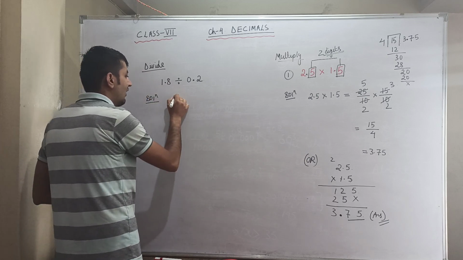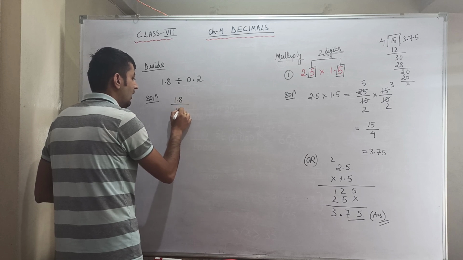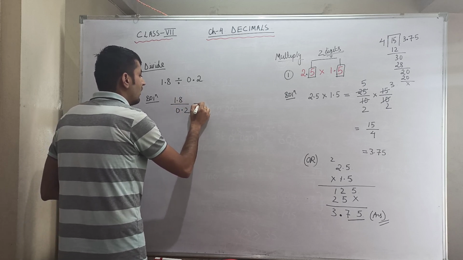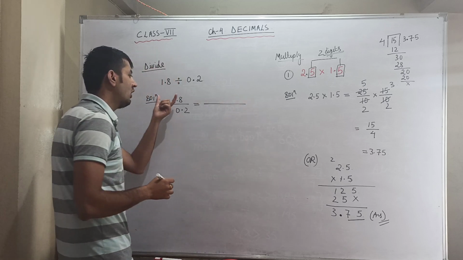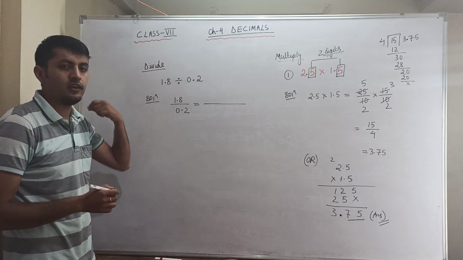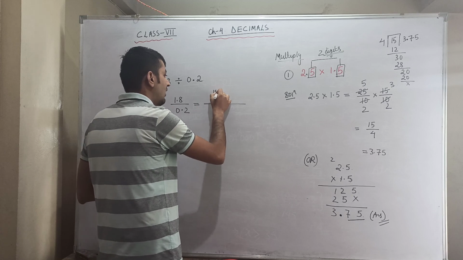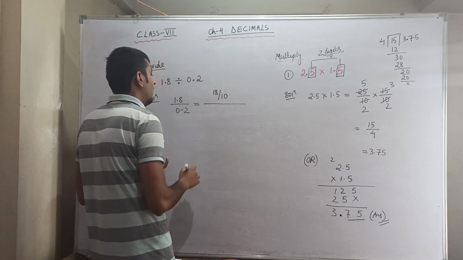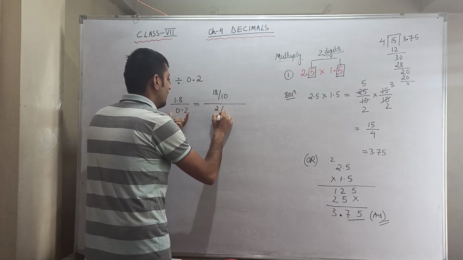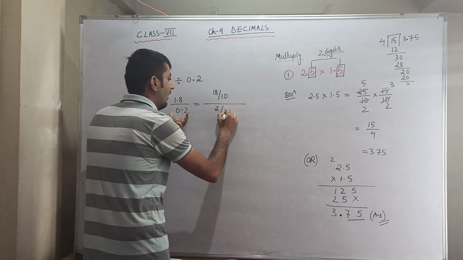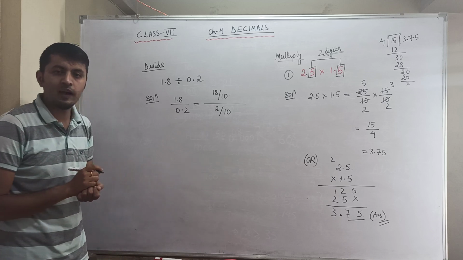Solution: you can write this as 1.8 divided by 0.2. See your numerator: 1.8 can be written as 18 by 10. And 0.2 can be written as 2 by 10.